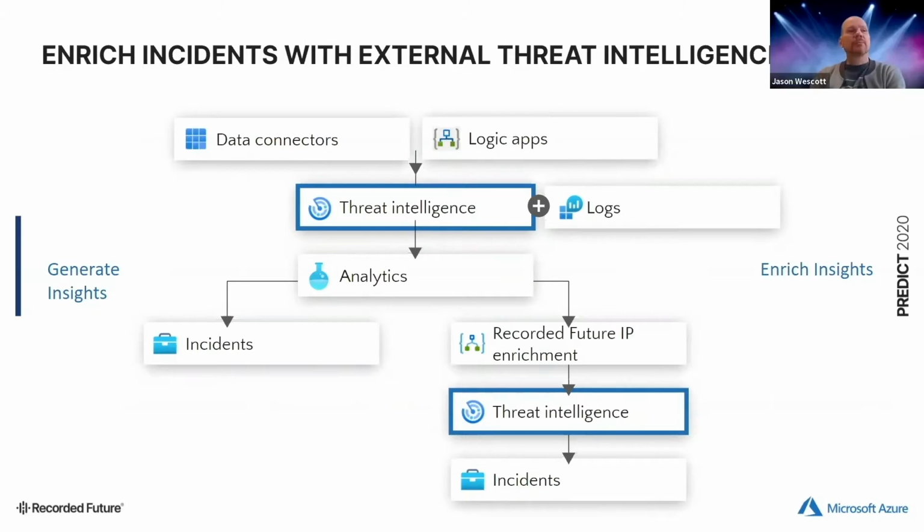Great. So we've talked about importing threat intelligence, and using that threat intelligence for generating analytics and incidents out of that. There's another primary use case for threat intelligence in Azure Sentinel, and that is the enrichment use case. So you've got an insight that's been generated in Azure Sentinel in the form of an incident.